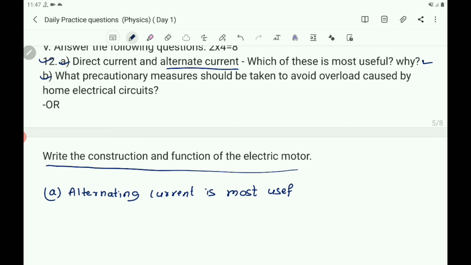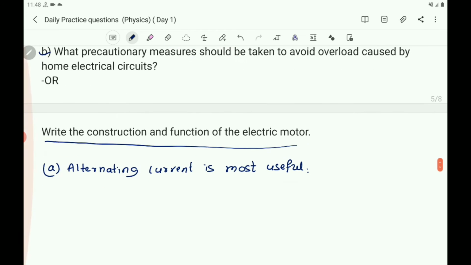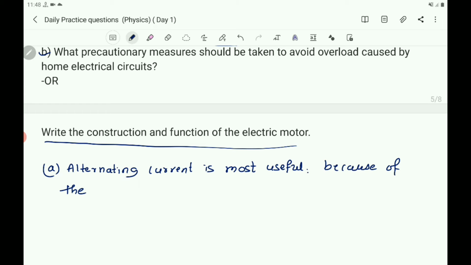Among direct current and alternating current, alternating current is most useful because of the following advantages.